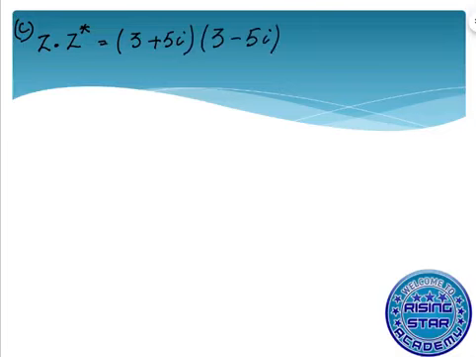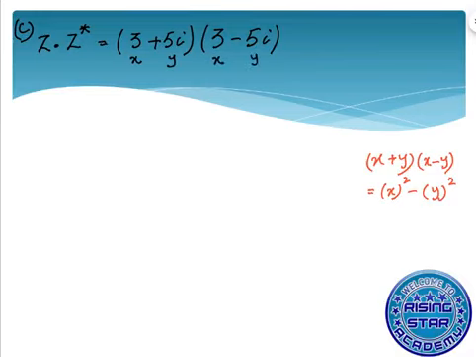So in that case, when we have x plus y times x minus y, we'll use the algebraic identity that would be x squared minus y squared. Now here is the same case. This is my x value, this is my y value, and they are multiplying.